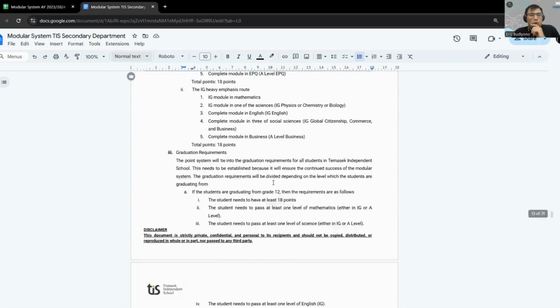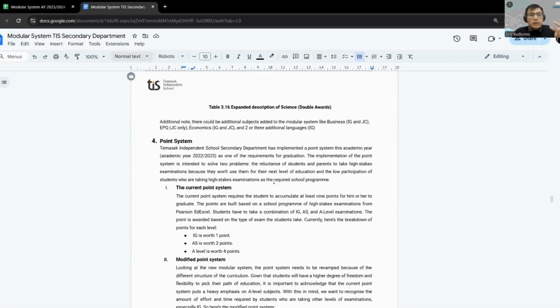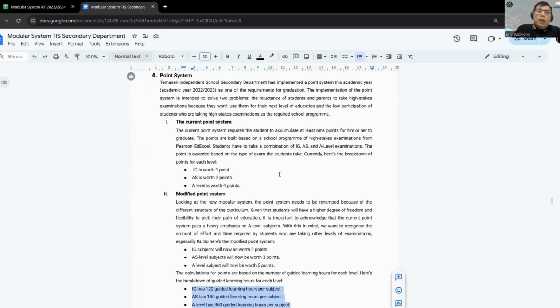Okay, so then you might say, how many points do they require in order for the students to graduate? Well, we discussed it with the academic board, and the teachers and the students and parents.